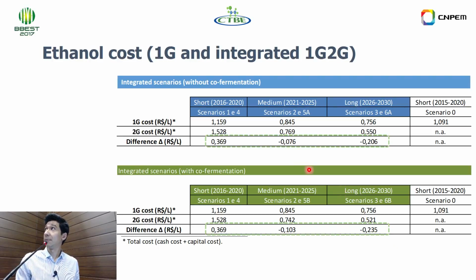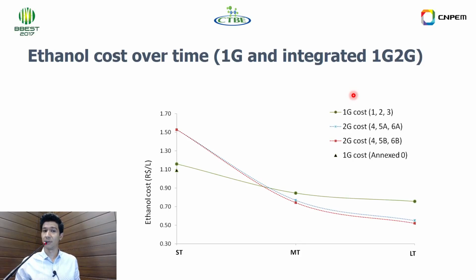This table depicts the difference between first and second generation ethanol over time, from the short to the long-term scenarios. This is clearer when I show this picture. Basically, we have the red and blue lines here. We can see the second generation cost decreasing over time. We start from a point that is 1.50 something per liter, and then we can get, in the long term, close to 60 or 50 cents per liter, of course with a reference date of 2014.